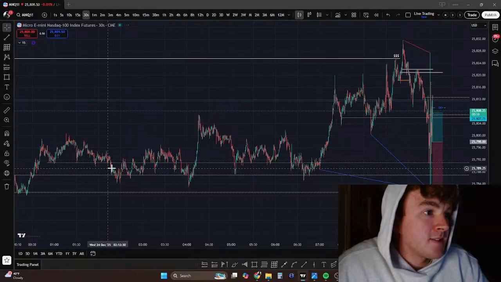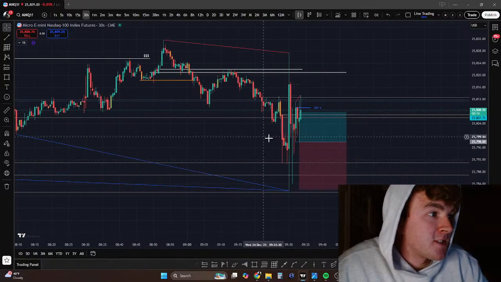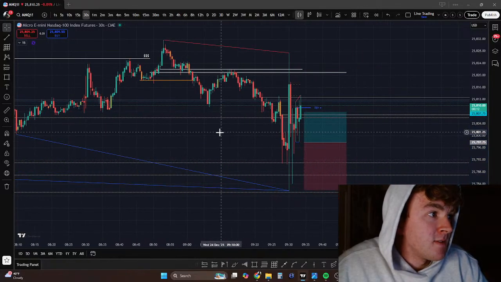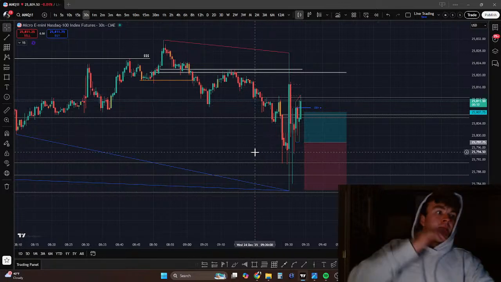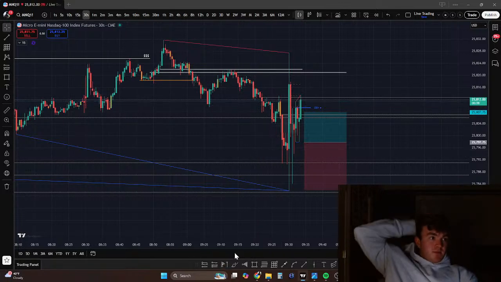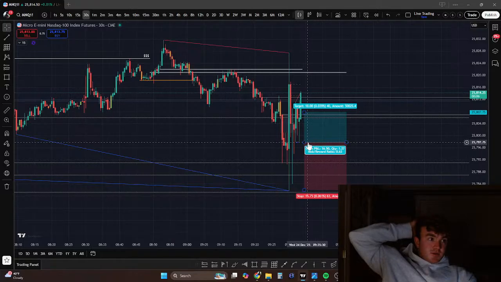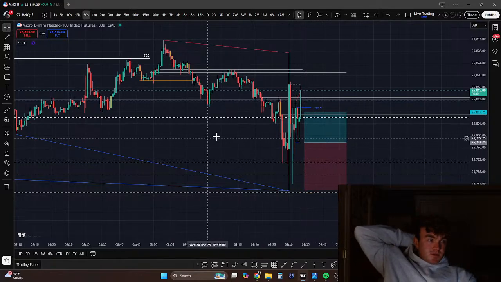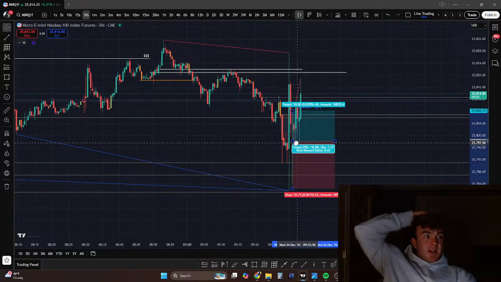What I'm looking at is this 5-minute gap and then a 30-second change of state to the upside off of it. You can see that's already playing out here.